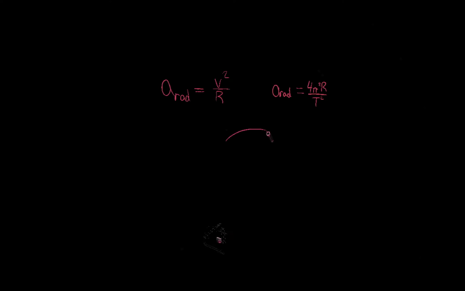So if something is traveling in a curved path, like say you have a weight on the end of a string and you're swinging it around, it's tempting to say that there's some outwards force, right? Like it's pulling against you, and so there must be some force on the object that's going that way.